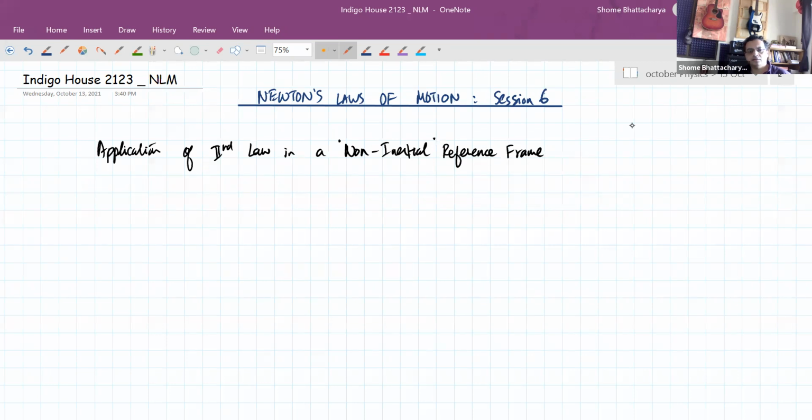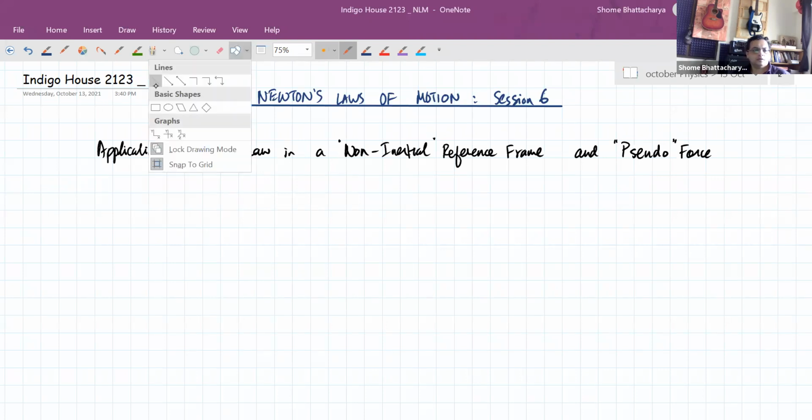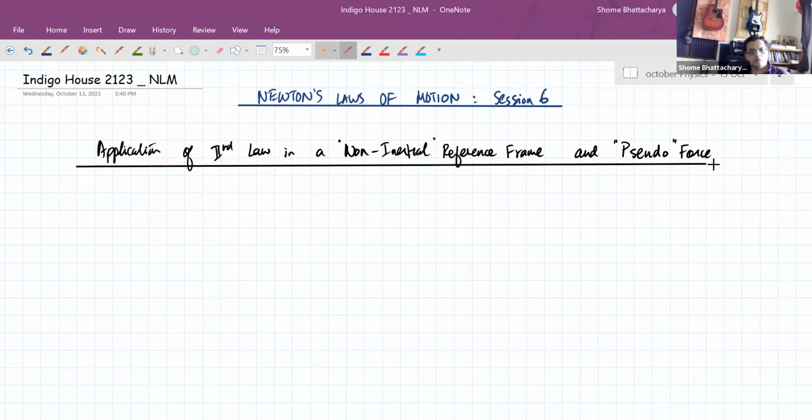And related to that, the concept of pseudo force. So we will start with a couple of definitions.